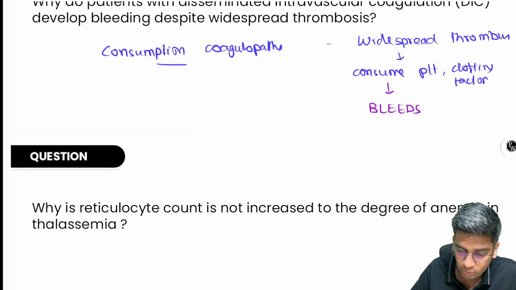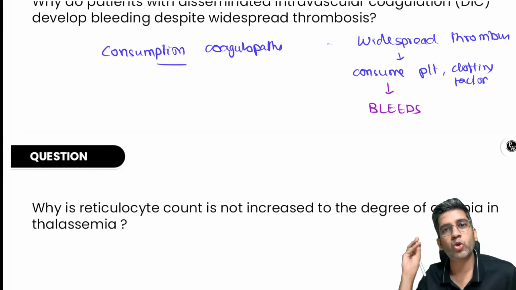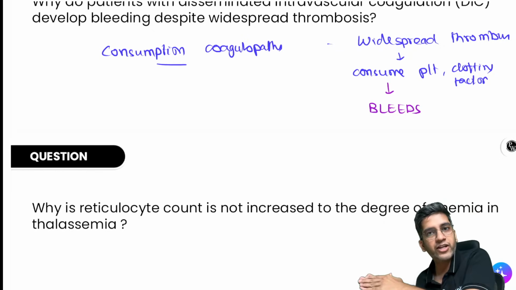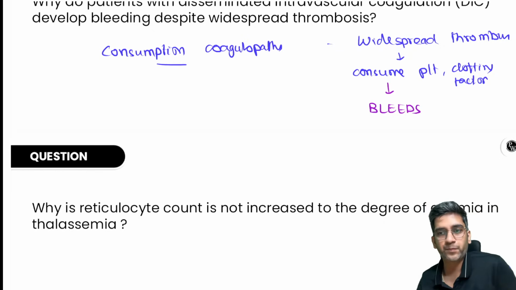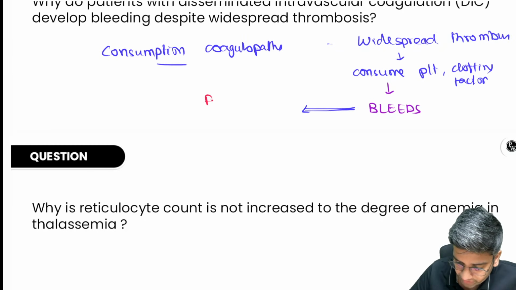I want to add one more important EPG PYQ here. What test will you do to know whether the patient is in the bleeding phase or the thrombotic phase? This is a very important test. The bleeding phase is determined by the amount of fibrinogen in the blood. Fibrinogen level is a marker telling me the person is going to be in the bleeding phase.